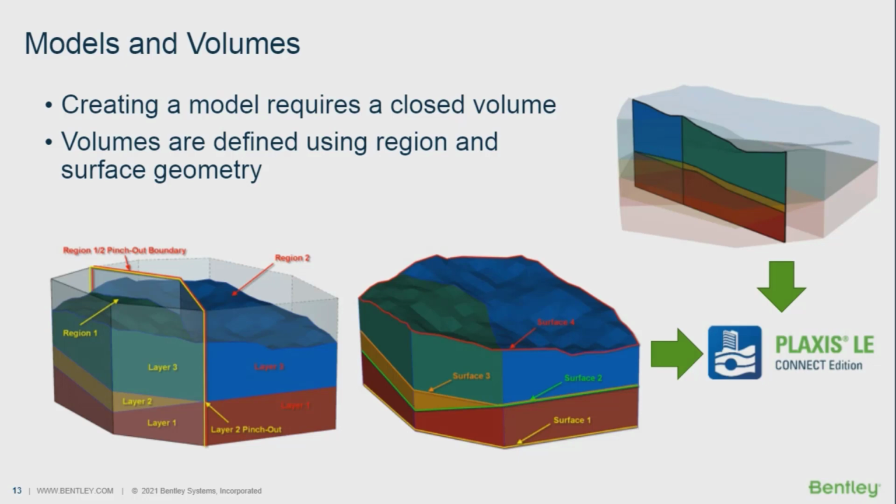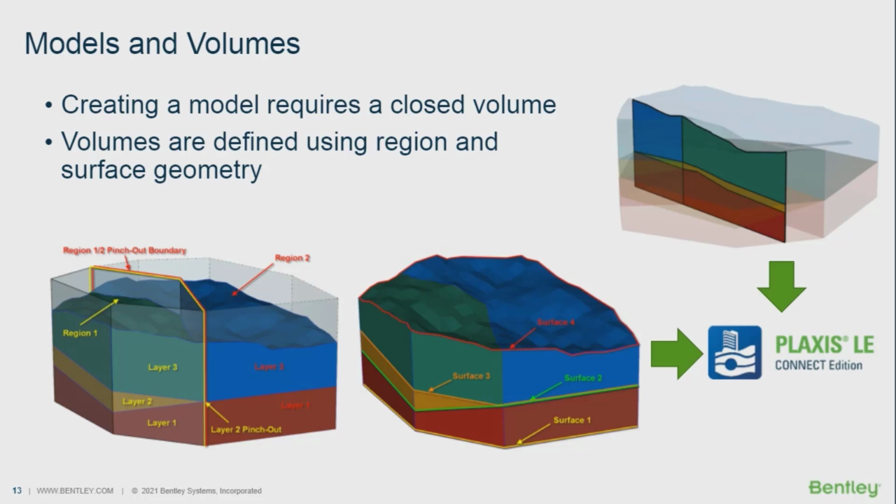Because the pinch outs, as mentioned, may lead to non-convergence, especially if we are proceeding with a finite element calculation. Okay, so here we can see that considering a layered cake representation, we would have in the model at least one region and at least two surfaces.